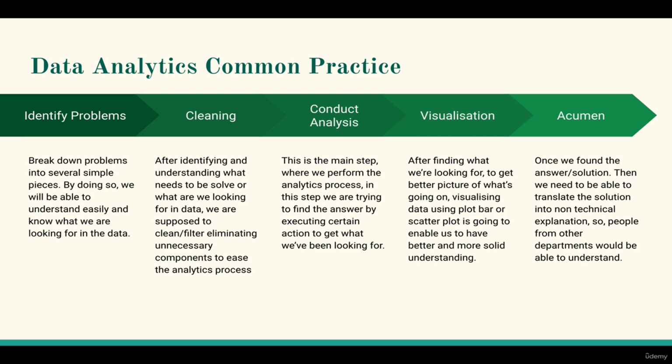So it will be very helpful to break it down into smaller and simpler pieces. Even if from one question you break it down into 5 different pieces and think, oh, that's so many, that's fine, guys, because you want to make sure that you're able to easily understand what you're trying to solve. And you want to make sure that you know what you're trying to find in the data, right? What you're looking for in the data. So that's identifying problems.